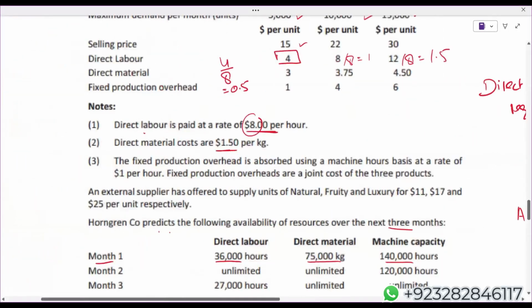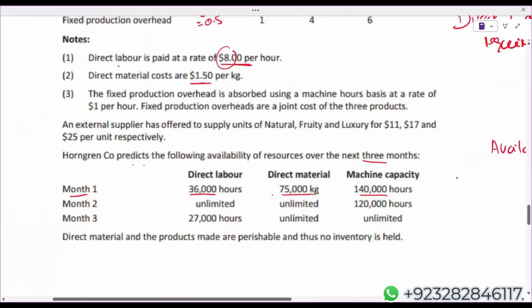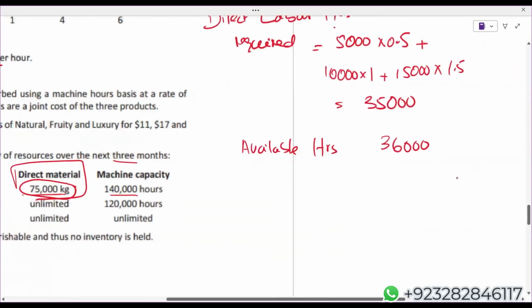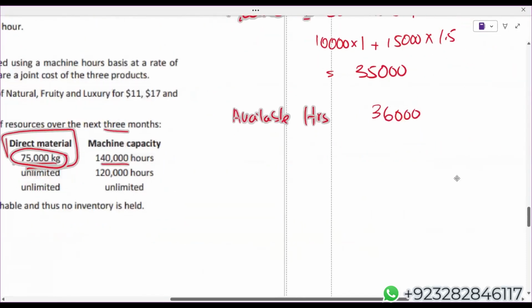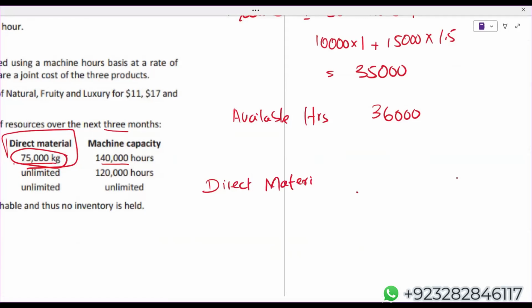Now let's check the next one, direct material. We have 75,000 kgs of material available. Let's see the direct material required, in kgs, to fulfill the maximum demand.